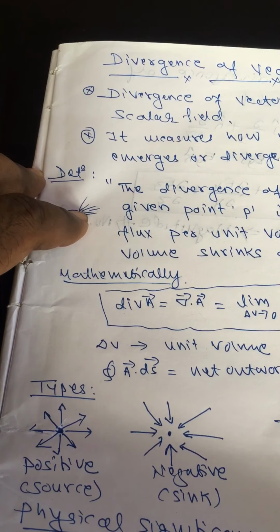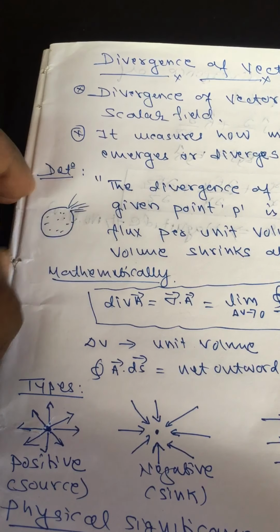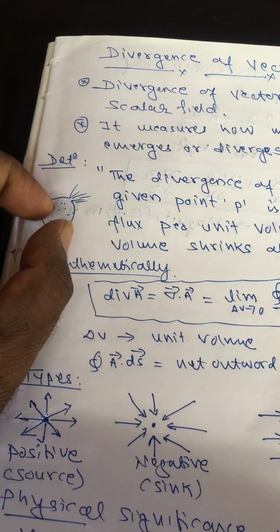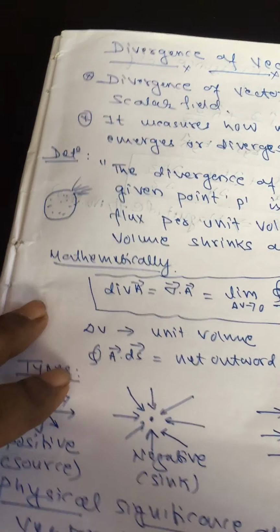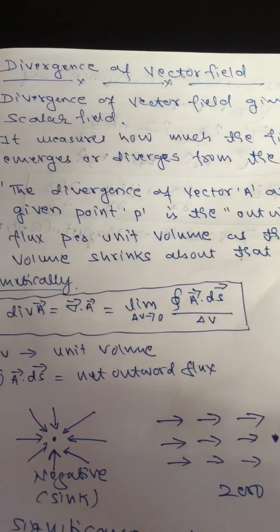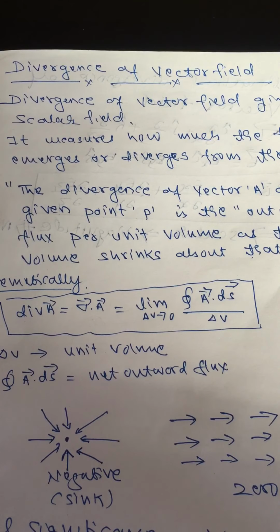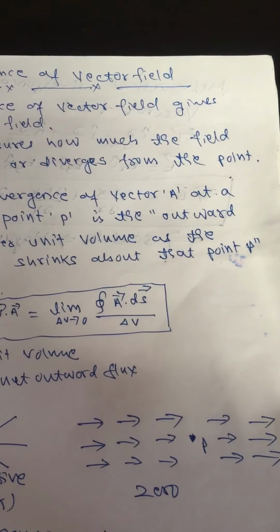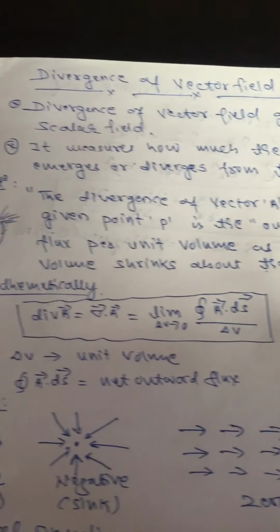From this point, that is the flux flowing per unit volume. And the volume shrinks. That is the meaning of divergence. I repeat, divergence of the vector at a given point P is the outward flux per unit volume as the volume shrinks about that point.